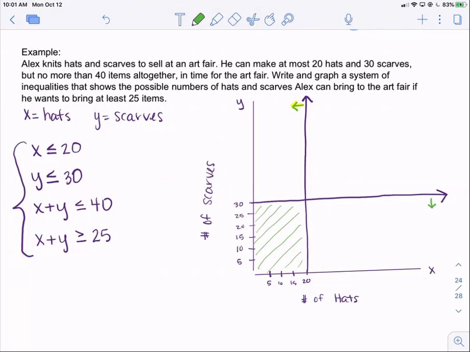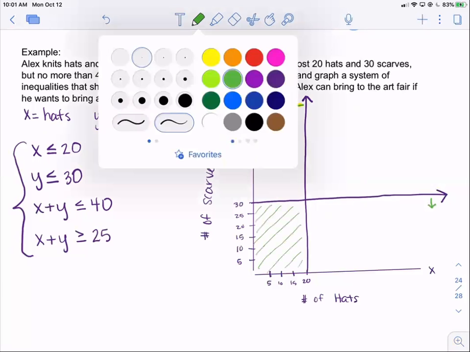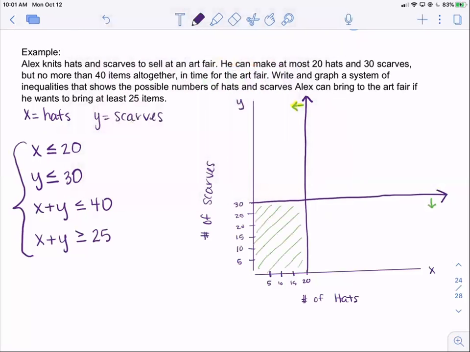All right. Now let's graph x plus y is less than or equal to 40. So yes, we could get y by itself, but when we're looking at word problems, sometimes it's easier to use intercepts, okay?